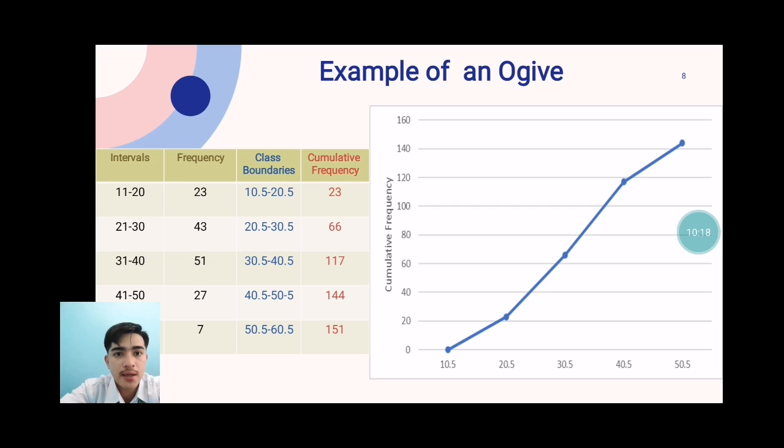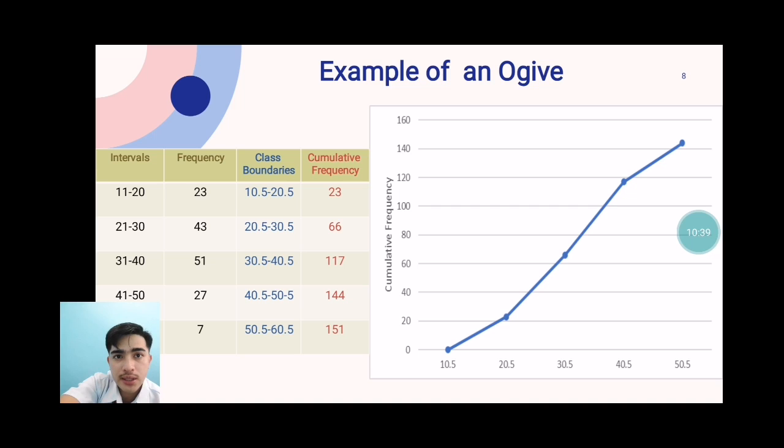We can see here 11. So 11 minus 0.5 will be 10.5, and 20 plus 0.5 will be 20.5. So your class boundaries for the interval of 11 to 20 are 10.5 to 20.5.